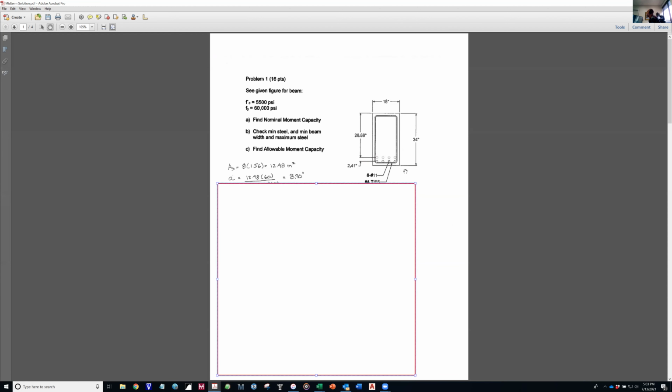So the area of steel is 8 times the area of a number 11 bar, which is 12.48 inches squared. Again, I want to make sure it is clear that you can only get the area of a rebar from the tables. There are tables in your textbook, in the lecture, and in the code book.